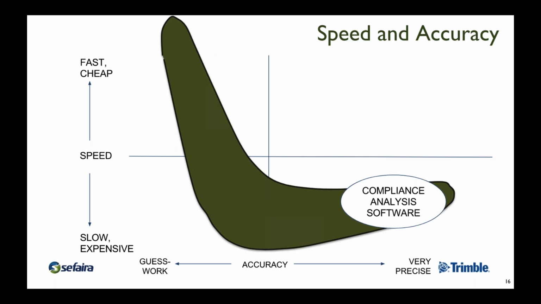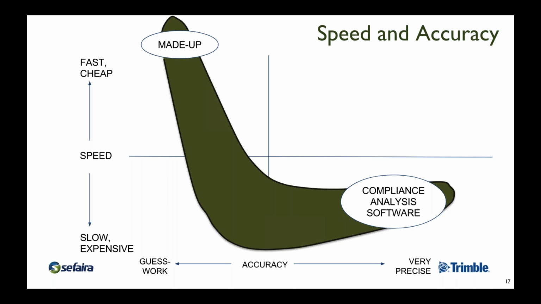Of course, there's also compliance analysis software. There are tons of great software programs out there that are used for very detailed energy modeling and daylight analysis. Those software tools, by their very nature, require people to put a lot of information in before you can get an output, and so they're slow. They might be more accurate at calculating an ultimate result, but they tend to be quite slow.